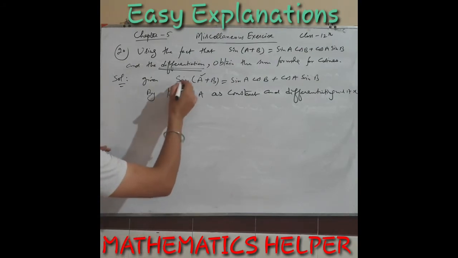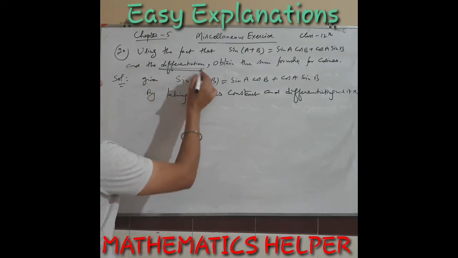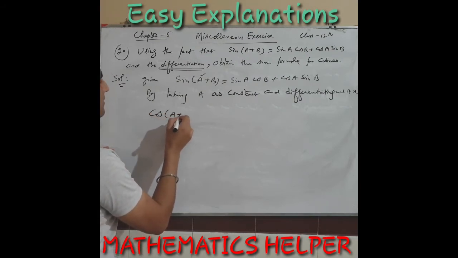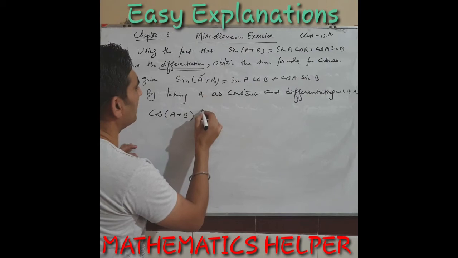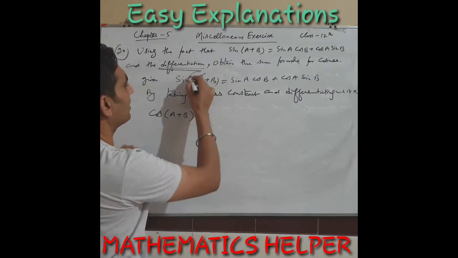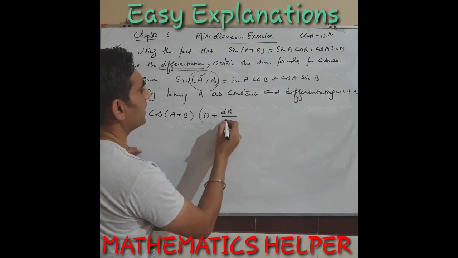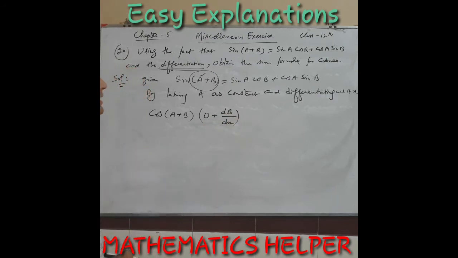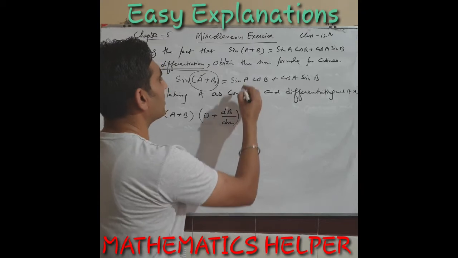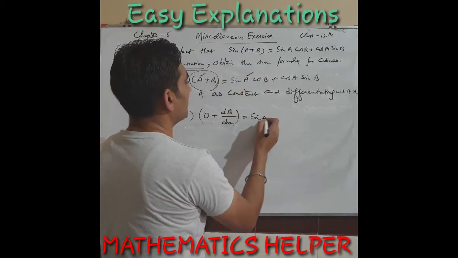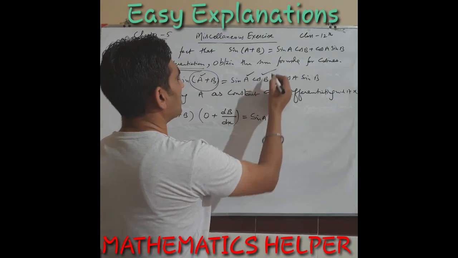See how? When you write derivative of the left side, it will be sine's derivative cos a plus b. Then derivative of a will be 0, means derivative of angle we have to write. Derivative of b, it is not a constant value, so it will be db over dx. Next in the right side, because angle a is constant, so sine a is constant, it will remain the same. But what about derivative of cos b?